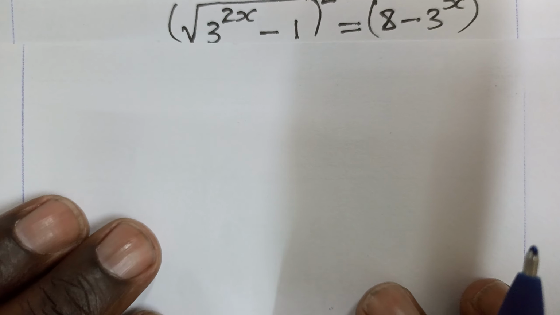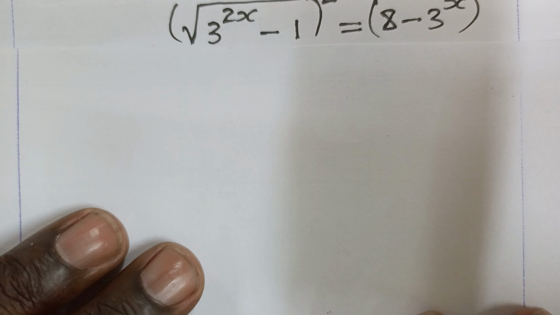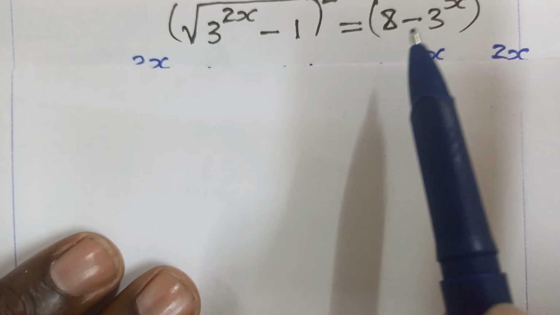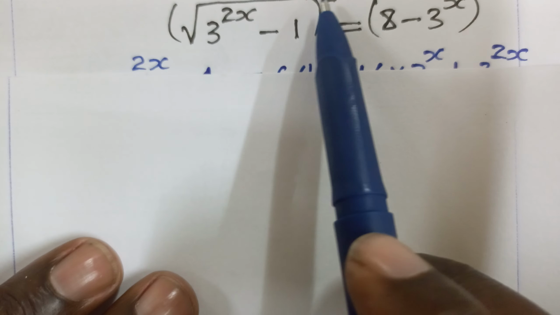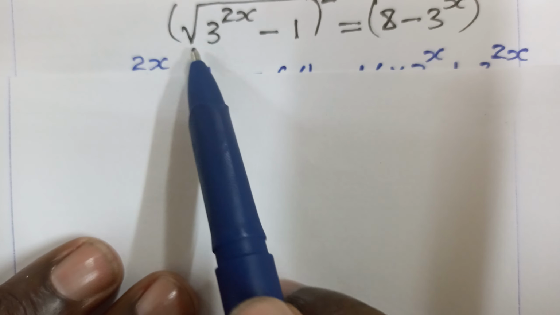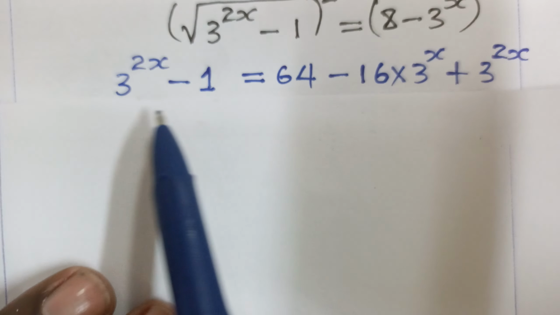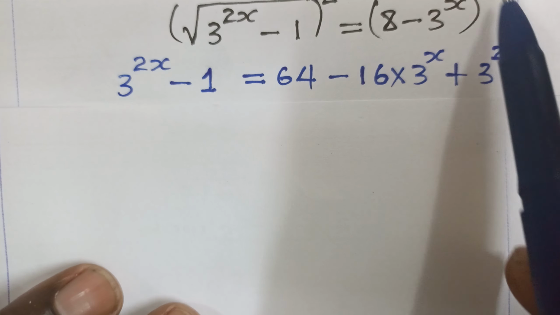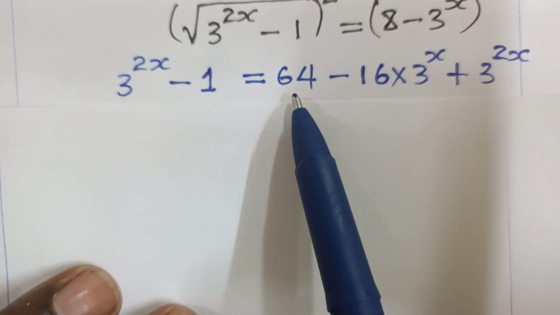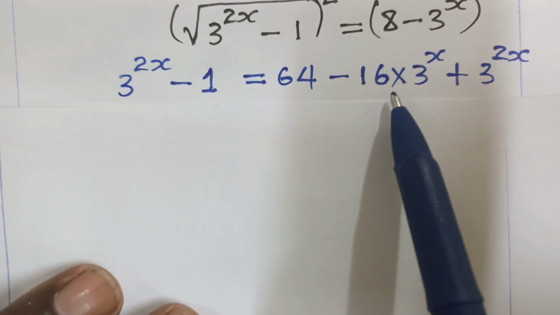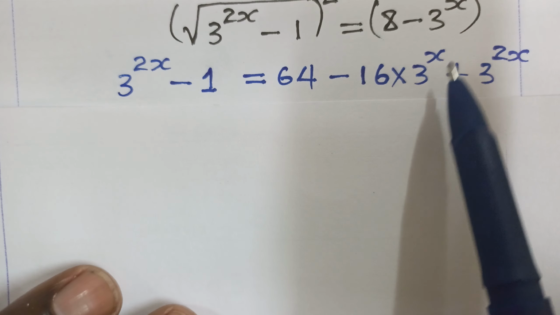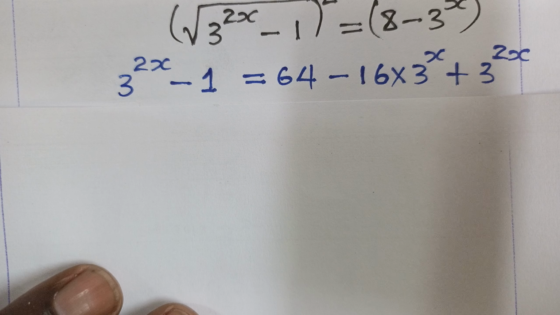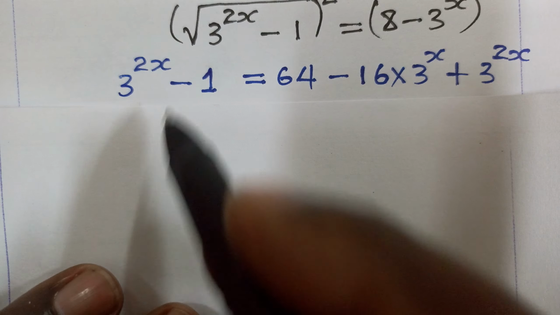To save on time, I have already done it and I now show you how. When we square this, you eliminate the square root and it remains the same. Then I squared that, and this is what I have gotten: 64 minus 16 multiplied by 3^x plus 3^(2x). Because of that, these two terms can cancel.